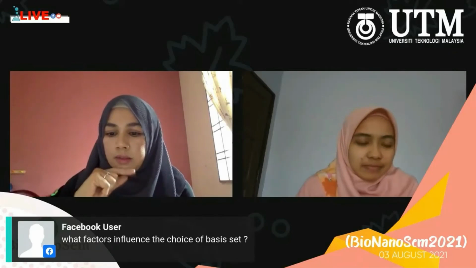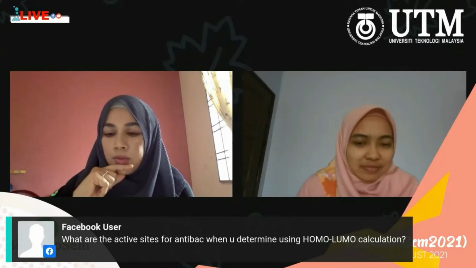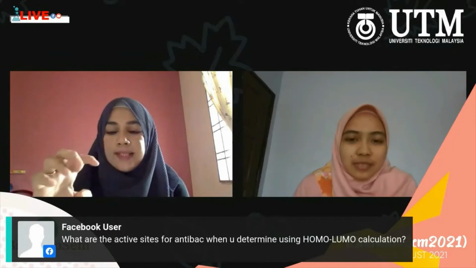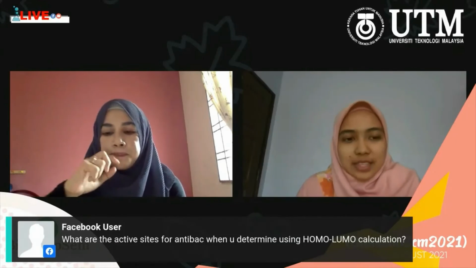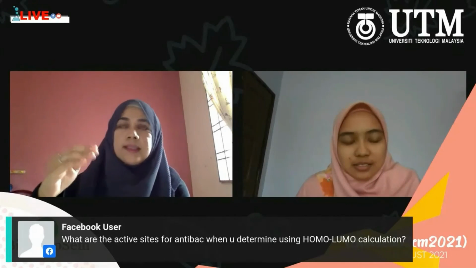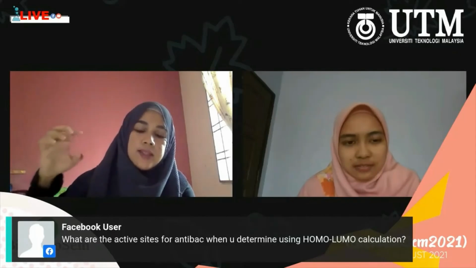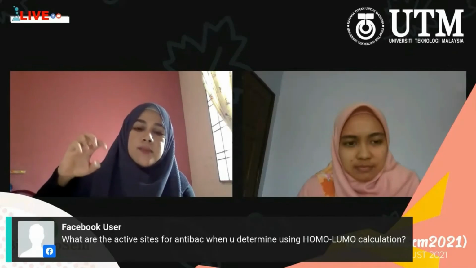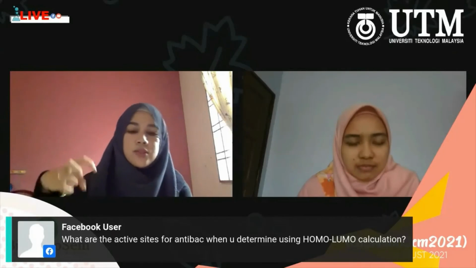Okay. What are the active sites for antibacterial when you determine using HOMO-LUMO calculation? When we determine HOMO-LUMO calculation, normally we want to determine the conjugation system. So we want to know how effective it is when you change your substituents, maybe you change from benzene to fluoro, or to chlorine.